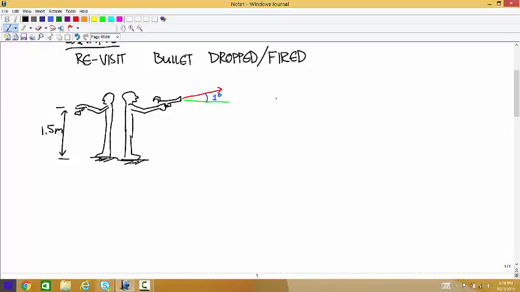And the idea, not to give away the punchline, is the 1 degree angle will have a big effect on the time that it takes to hit the ground.